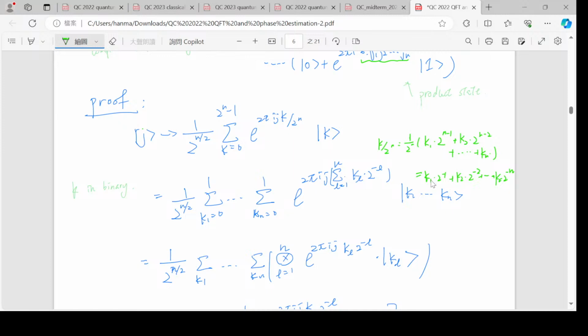That is, you sum over 1 to n, and you can give another dummy variable L here.